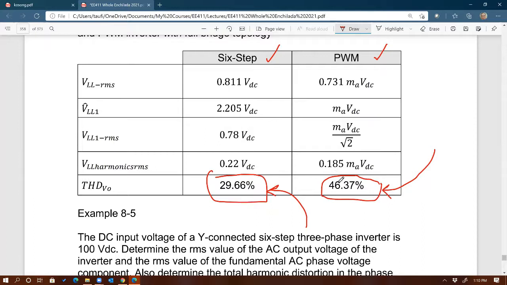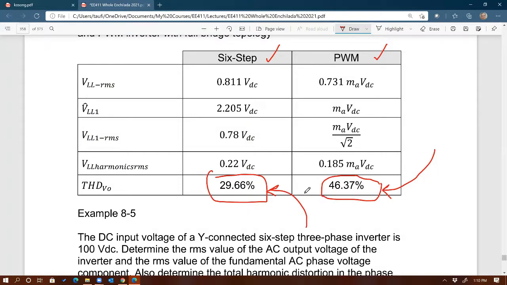And this is what I meant earlier by saying that THD could be misleading. That's why you need to be careful when looking at an inverter by just looking at the THD. It could mislead you, right? For example, this is a good example where it shows that the THD of 6-step is less than the THD of PWM, right?